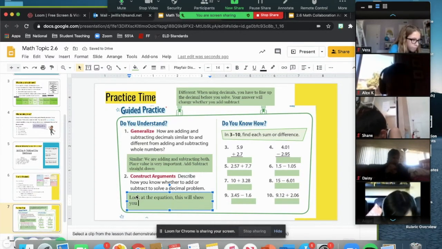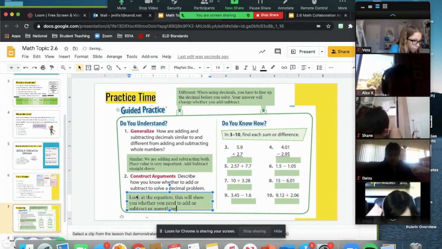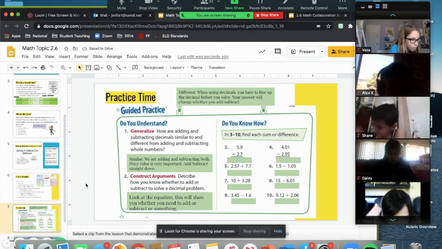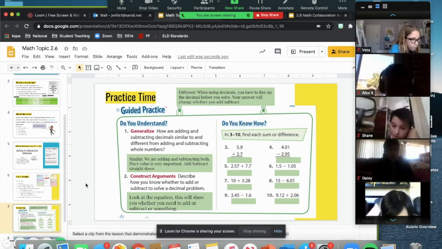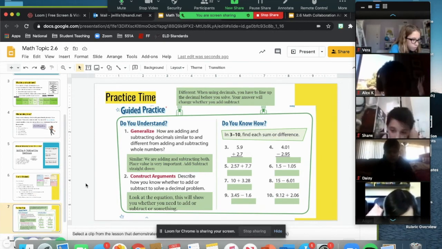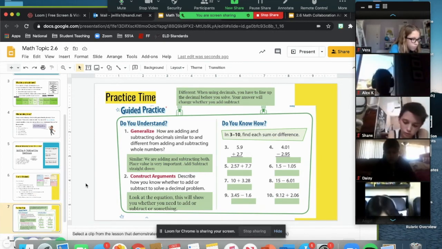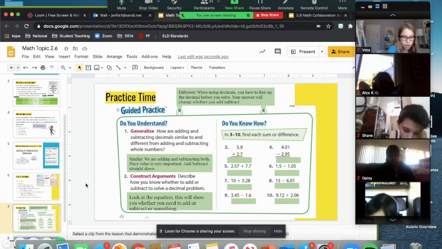Look at the equation. This will show you whether you need to add or subtract or something else. We're not quite there yet. We're just looking at addition and subtraction. But yeah, being cognizant, looking at the equation before you solve. I know a lot of you guys get tripped up because you don't read the entire question before you do it. Just make sure you pay attention to the question. That'll help you decide whether you need to add or subtract when it comes to your equations.